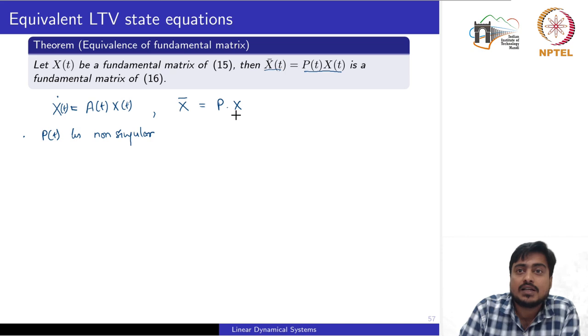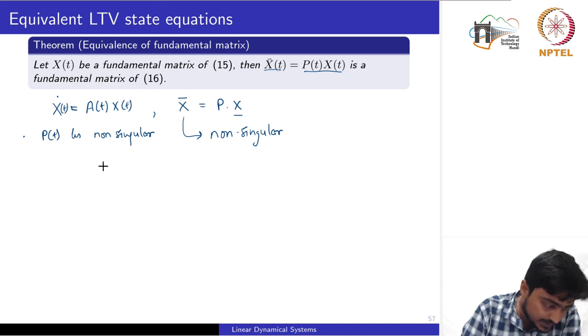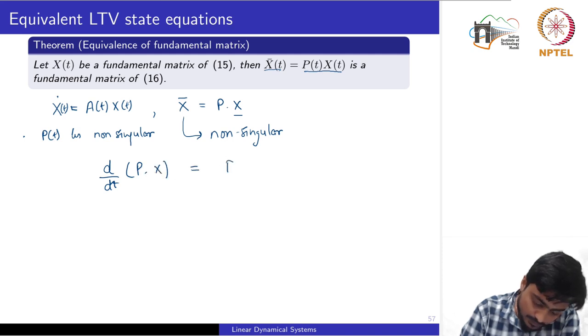And since one of the properties of the fundamental matrix is that X is also non-singular, if I multiply two non-singular matrices, the product would also be non-singular. It won't affect the property of non-singularity. So we are clear that X bar would also be non-singular. Now taking the derivative of P X, which would be given by P dot X plus P X dot.